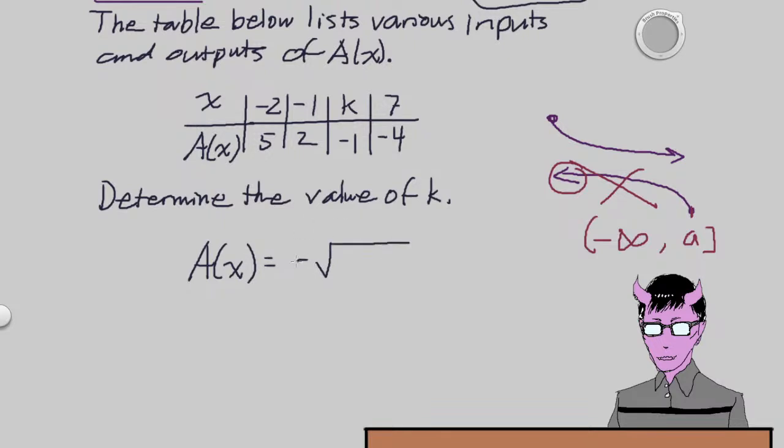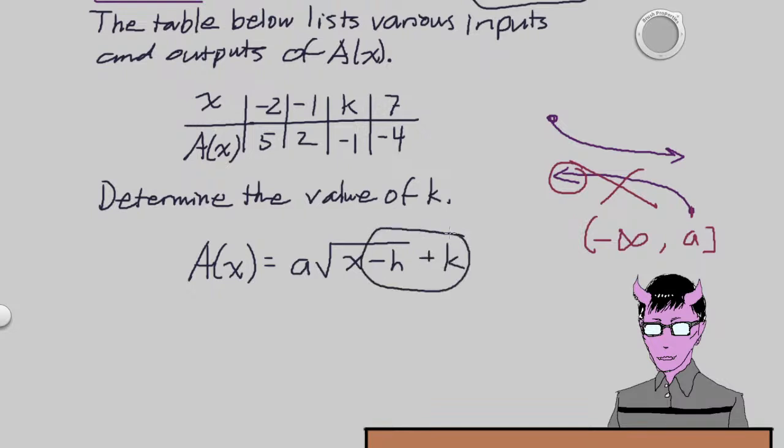It has an amplitude in the front, a. We don't know what this is at the moment. This is going to be some sort of x value, modified according to that one, right? So we have x minus some value. We don't know what this value is because this is going to be a shifted situation, and then plus k.